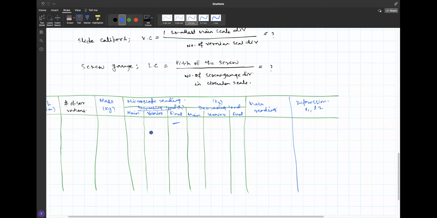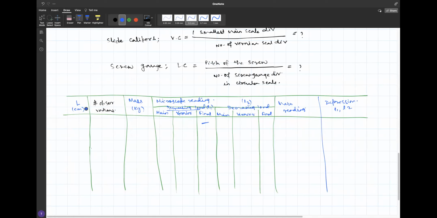So let's say I have one kind of length, I don't know, let's say 70 centimeter. And then I make a few observations. And then the masses I have, let's say 0, I mean half a kg. I don't know what masses you have. You can do this. Then you can have this reading for all of these.